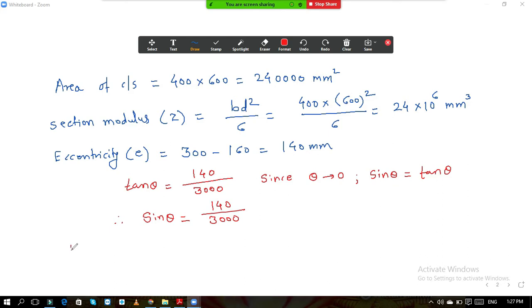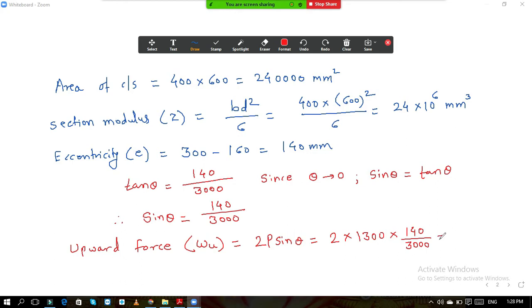Now we will calculate the upward force. The notation is WU, U stands for upward force. It is 2P sine theta, which is equal to 2 into P. The value of P is 1300 kilonewton, into, I will keep this as it is, 140 divided by 3000.